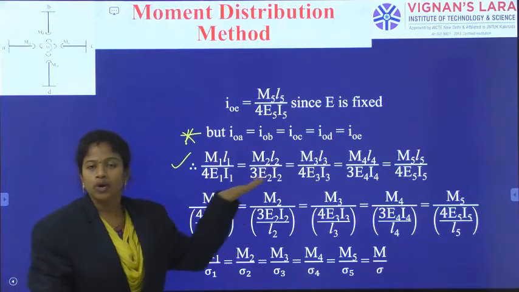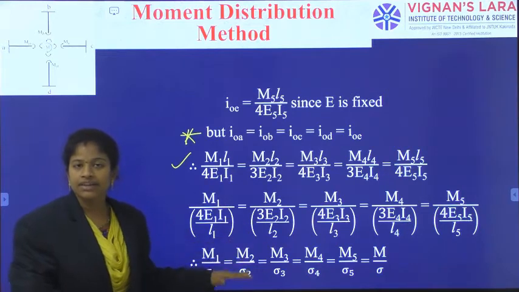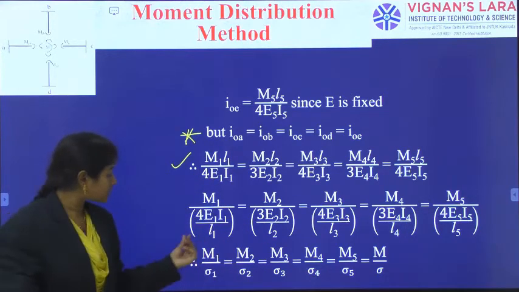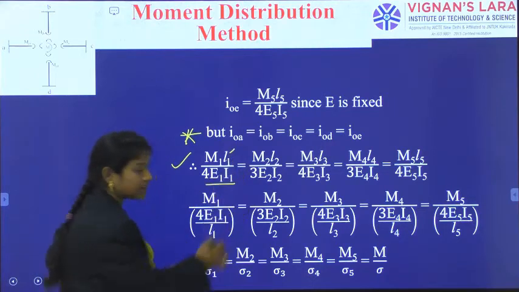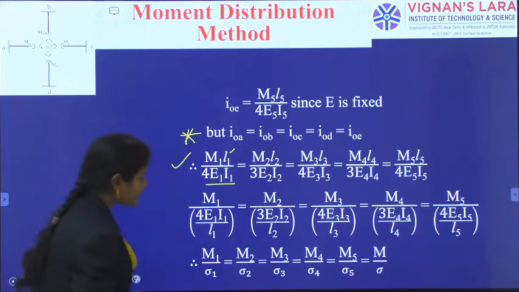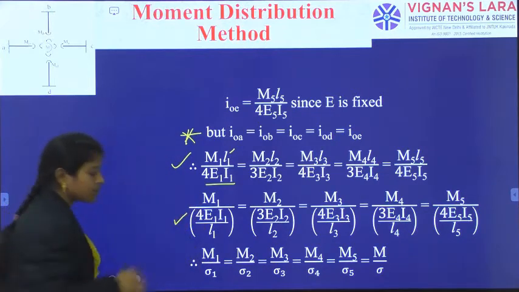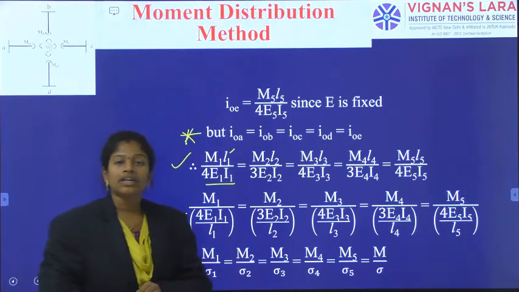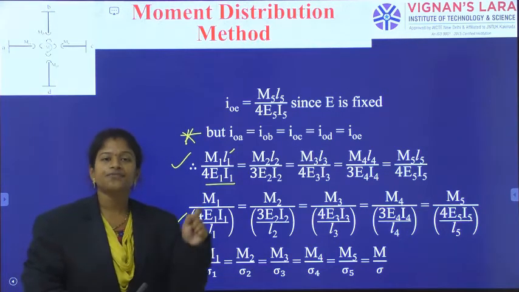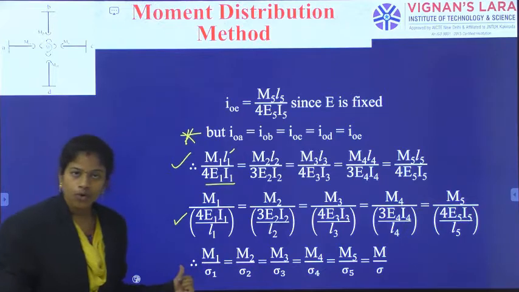Keeping moments only on the top and taking the remaining thing in the denominator, we will see M1 by 4 E1 I1 by L1, so coming in the denominator. In this way we have got the next term. And finally, what is this term? 4EI by L. We have already calculated it as the stiffness of the particular member.